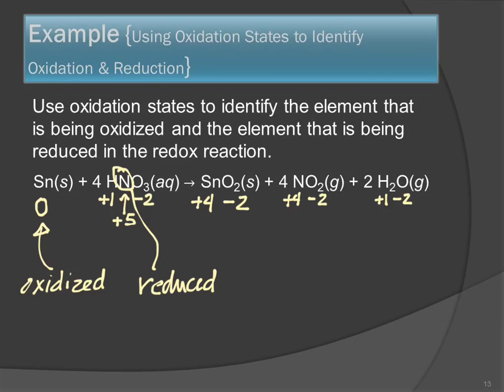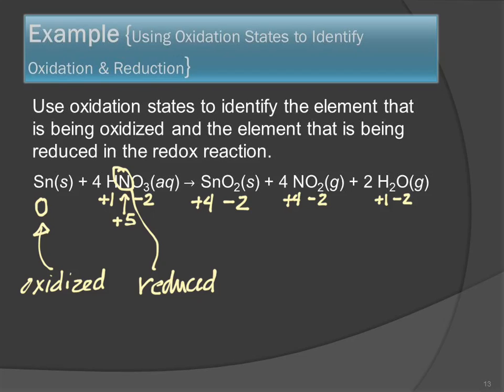So you can think of it in terms of oxidation is increase in oxidation number, reduction is reduction in oxidation number, or you can think of these like charges going from 0 to plus 4. That would be a loss of electrons. Going from plus 5 to plus 4 over here would be a gain.